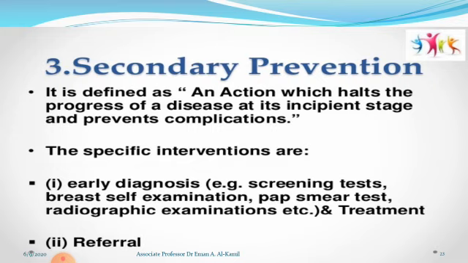The specific interventions include early diagnosis, for example screening tests, such as visual screening for children in preschool, for their vision and for their hearing, or frequent periodic breast self-examination for women who have a family history, or pap smear, as we mentioned, for cervical cancer in women, and radiographic examination and treatment for individuals who have, for example, been in contact with tuberculosis.